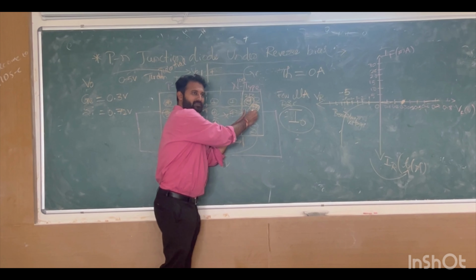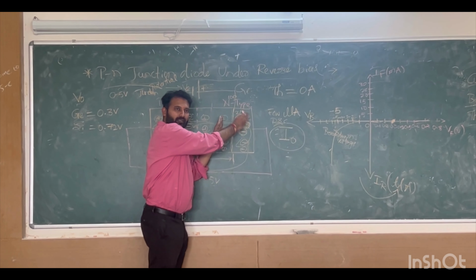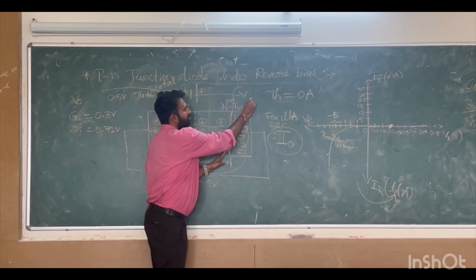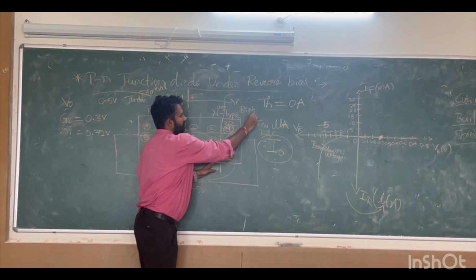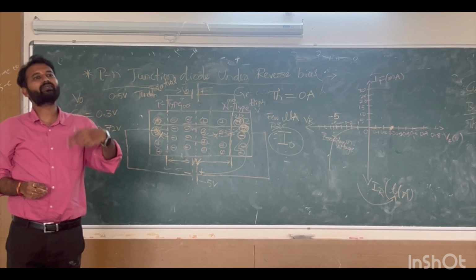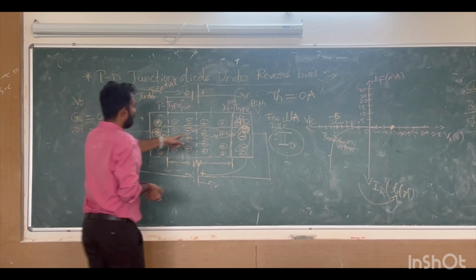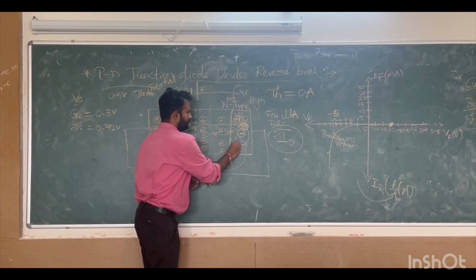They will get energy. They will travel in the semiconductor material with a high velocity. They will dislodge other 2 electrons. How many become? 2 plus 2, 4.